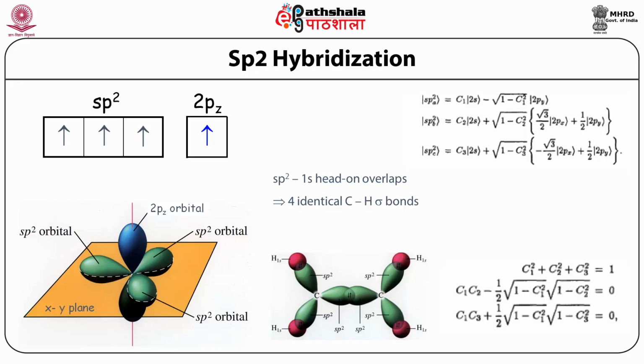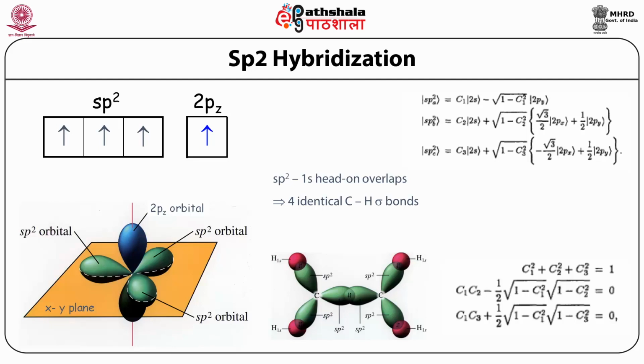2px, 2py orbitals, and we obtain 3 equations for determining the coefficients C1, C2, C3, and these equations are C1 square plus C2 square plus C3 square equal to 1, C1 C2 minus half multiplied by root of 1 minus C1 square multiplied by root of 1 minus C2 square equal to 0.